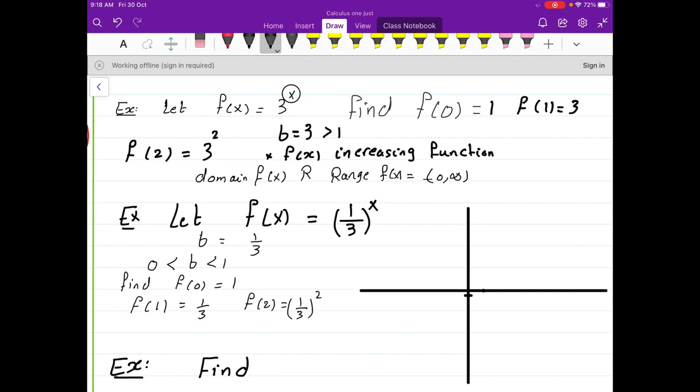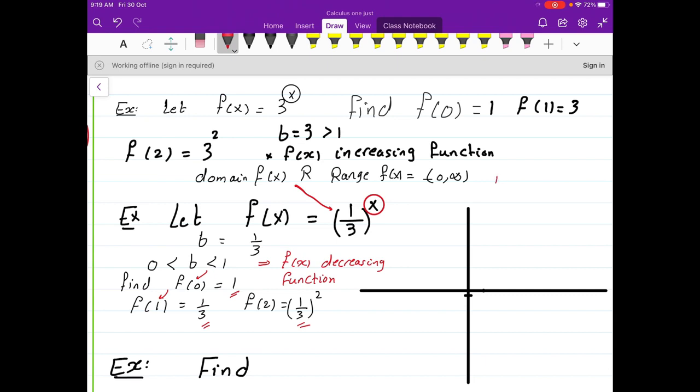When x increases, notice that the image decreases. That means when b is between 0 and 1, the function f of x is a decreasing function. Now, what is the domain? The domain is R, the same. And what is the range? It is from 0 to infinity.